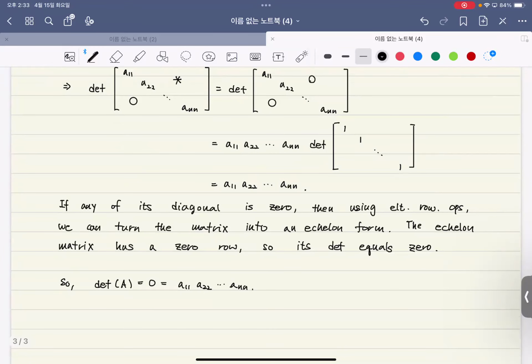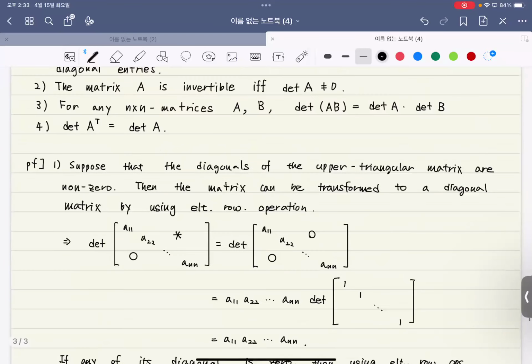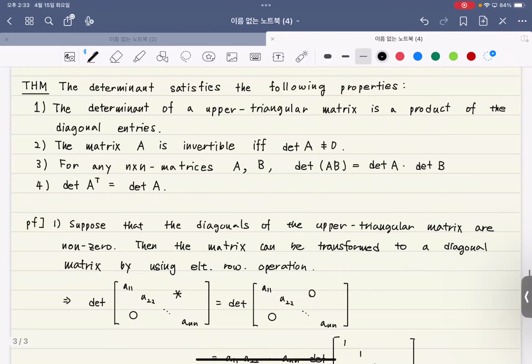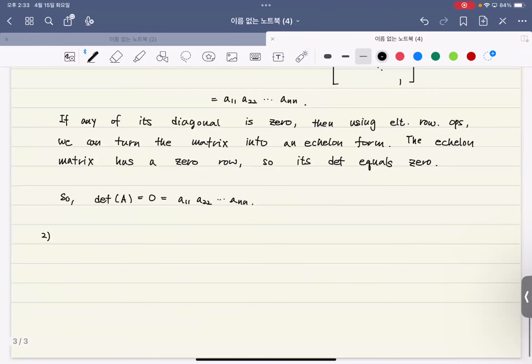All right. And number 2. So what was statement number 2? A matrix is invertible if and only if its determinant is non-zero. Okay, so this is easy.